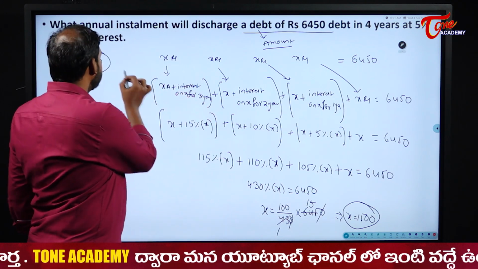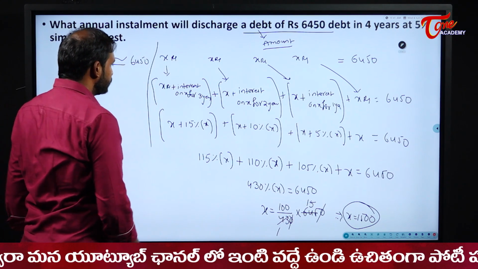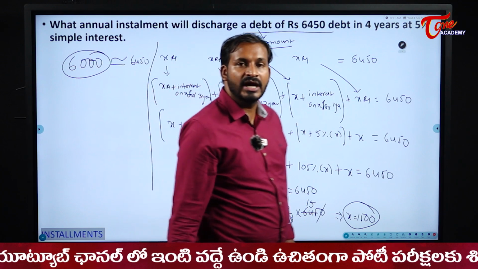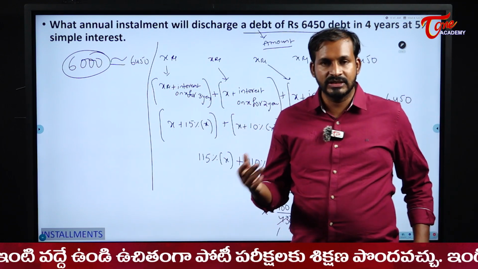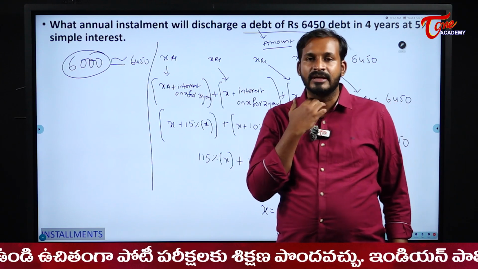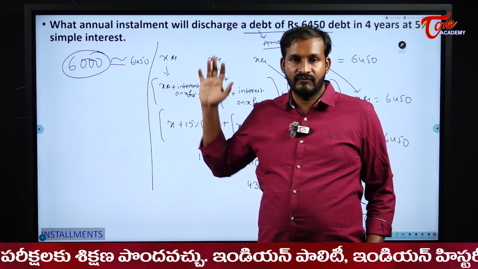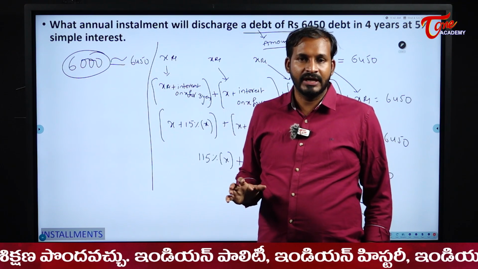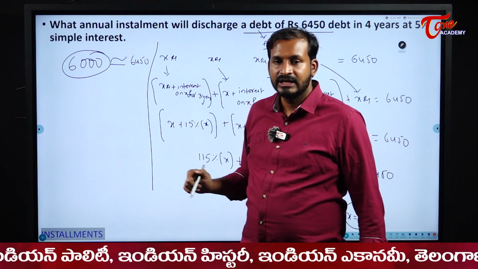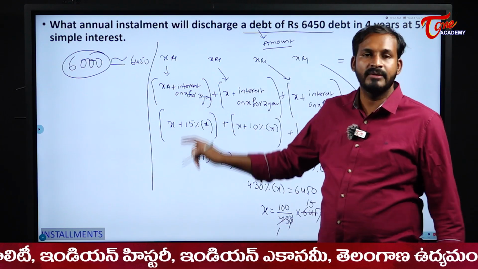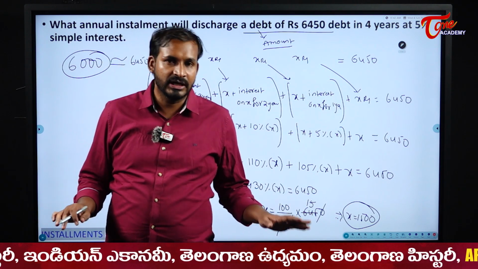But what it is effectively equal to is 6450. This is how the installment concept works. Few students may think how 6000 will become 6450. The future value of 6000 will become 6450. This is how installments work. Definitely, the sum of these installments will not be equal to our amount in any case. Remember this one, don't get confused.